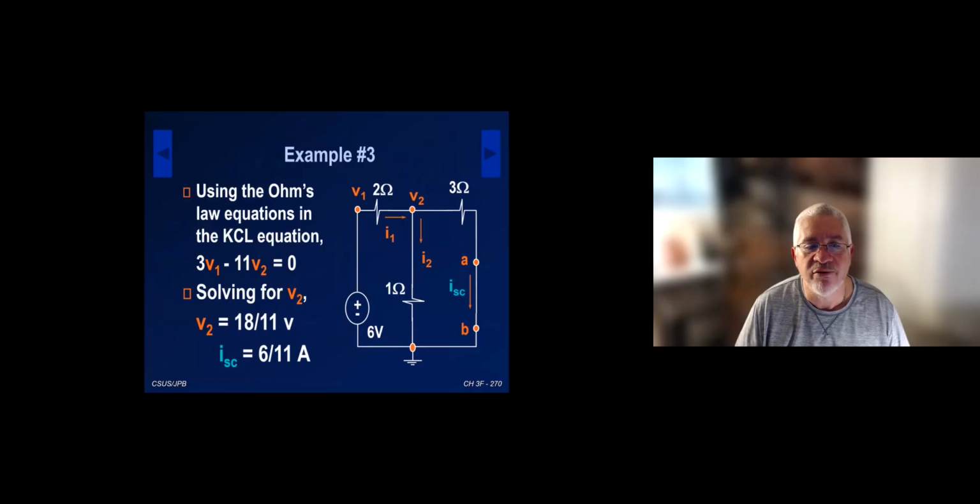We know V1 for this particular case: V1 is 6 volts, so I can easily solve for V2. V2 is 18 over 11 volts. And from V2, I can calculate ISC, which is V2 divided by the 3 ohm resistor. So ISC is 6 over 11. That's our short circuit current for the Norton model.